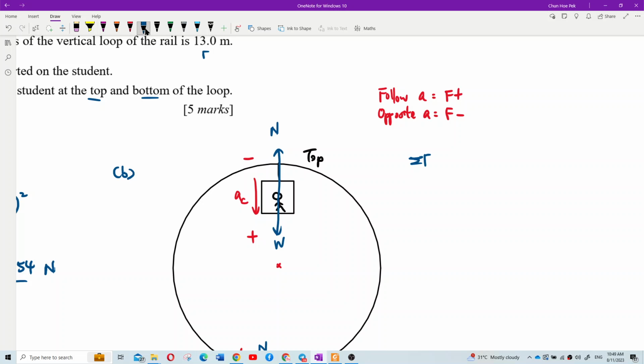Total F equal to MA. At the top, W is positive and N is negative. So W minus N equal to MA. For this it is AC.